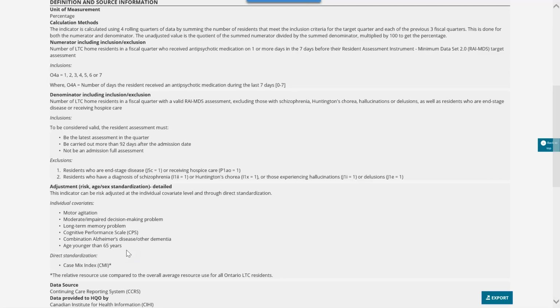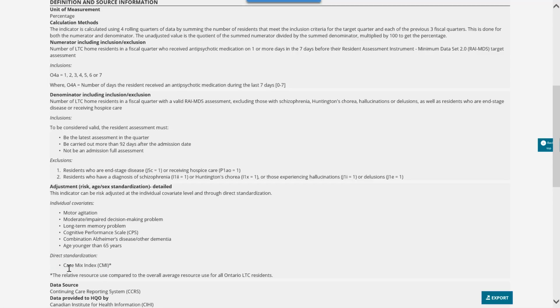And that's where, if you're above an expected number for those types of indicators where you have a much higher risk, then those are the factors that are going to predict what your score should be, and then that factor is used to compare it against what you actually experienced. Now, the other thing, and we haven't talked about this, but we will again later on, is the direct standardization, they call it.